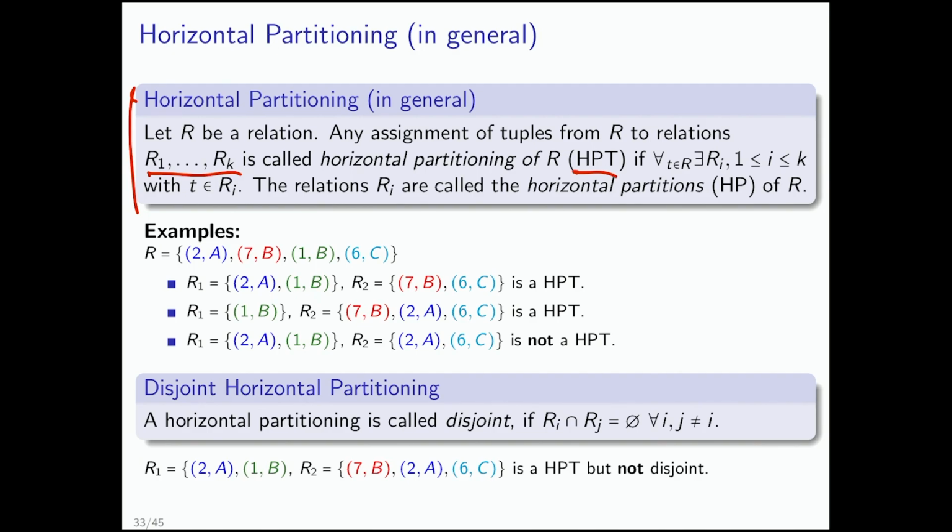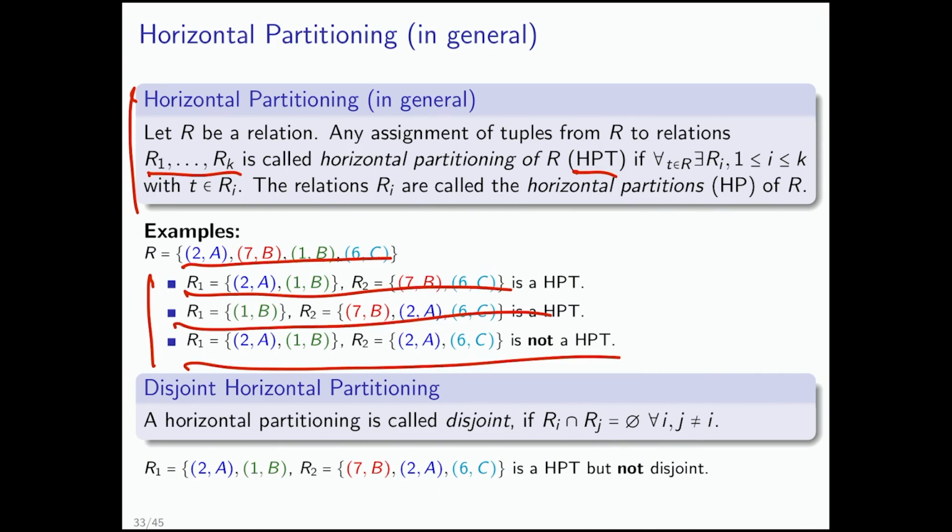In those examples, all of the 4 tuples end up in one of the partitions here and there, but not there, because here we're losing the red tuple 7.b. And with that you can define a disjoint horizontal partitioning, which means that pairwise all partitions are disjoint.